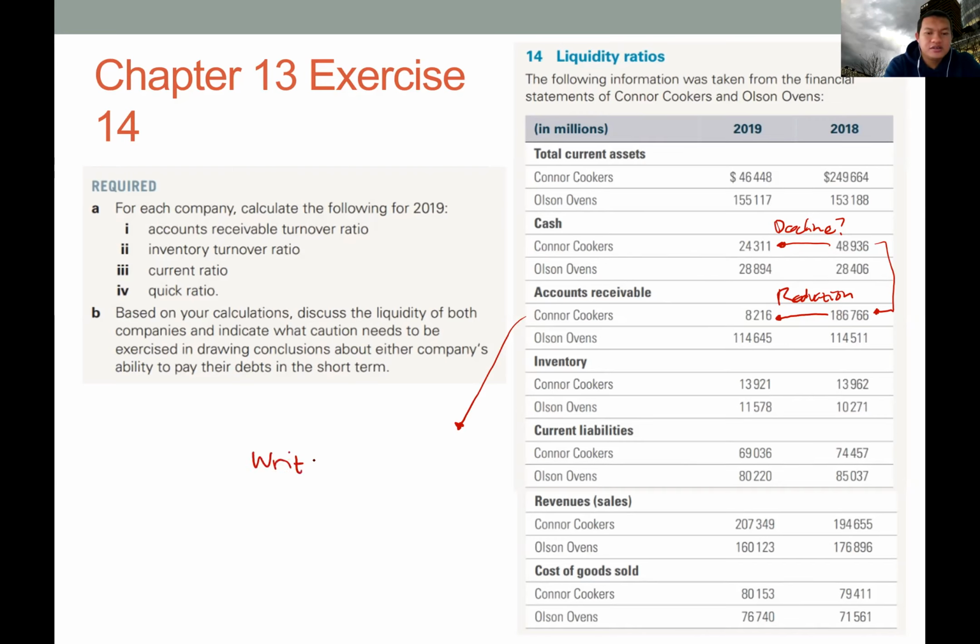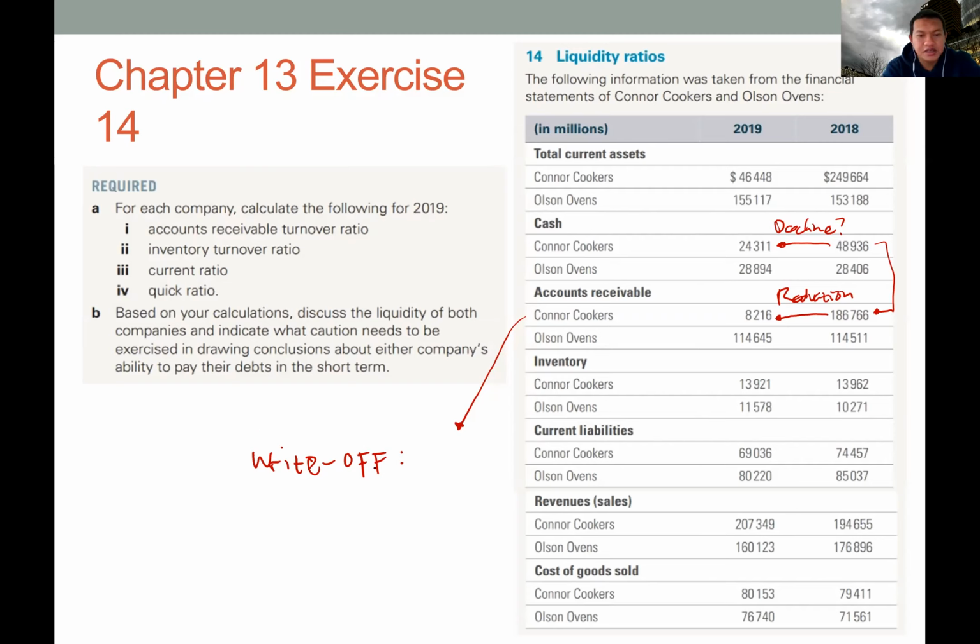So they write off a substantial amount of their receivables. Why do they write off their receivables? Because they are no longer able to collect these receivables. Because the receivable is uncollectible, they write off this substantial amount of the receivables.